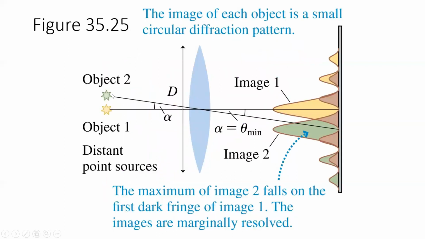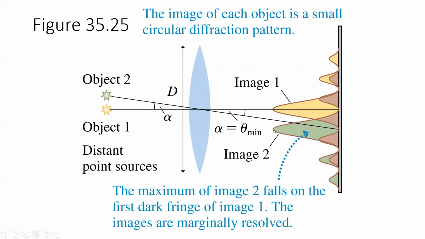Okay, each of these sources will produce its own circular aperture diffraction pattern on the screen. So what you're looking at is the overlap between those two patterns. This would be the central maximum, the center of the airy disk coming from this source.